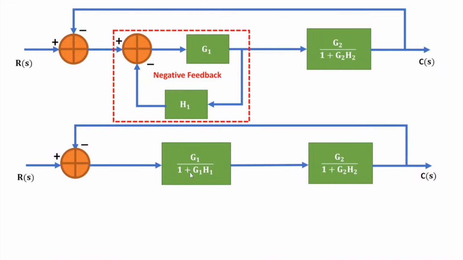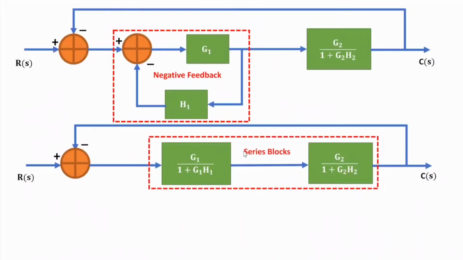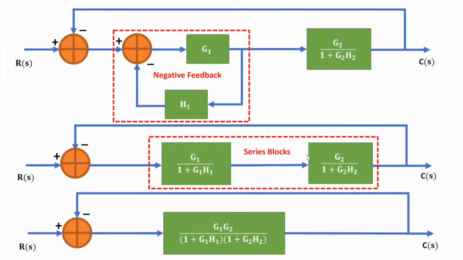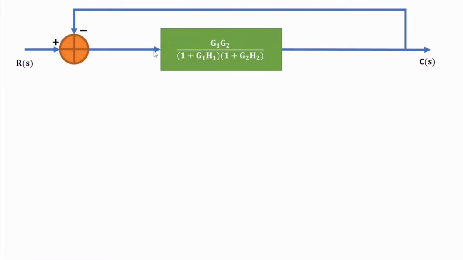Now if you observe here, we have series connection. Series connection means multiplication of these two gain, right? So I have replaced this. You can observe now multiplication of these two, that is G1G2 divided by 1 plus G1H1 and 1 plus G2H2. Now we have this final block which is having negative feedback.